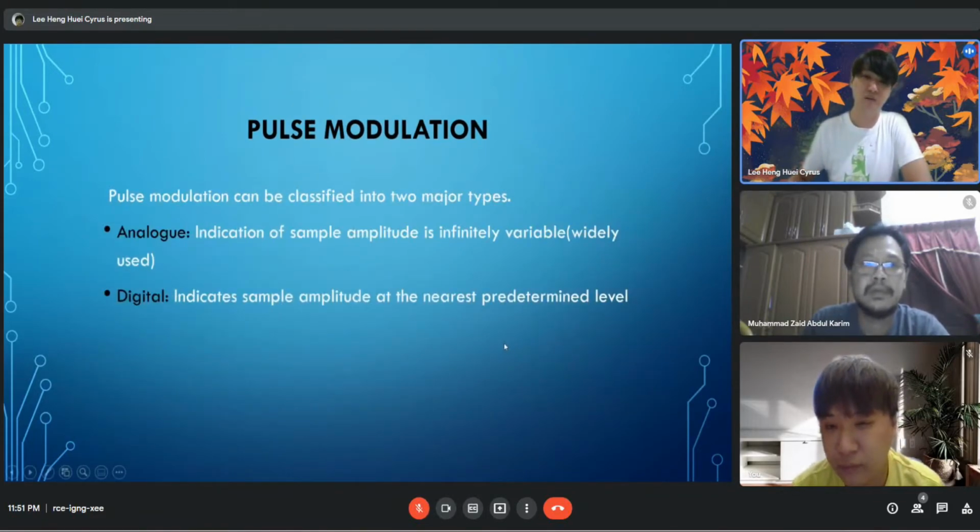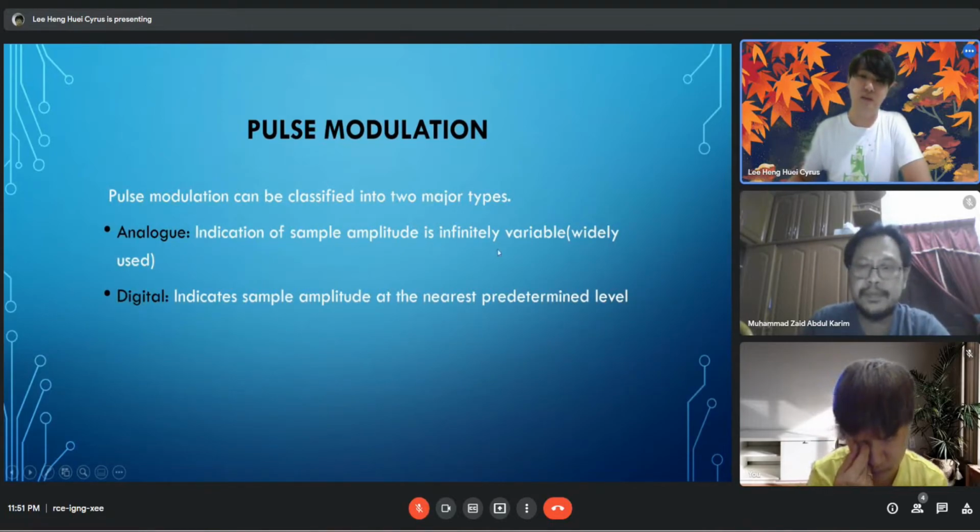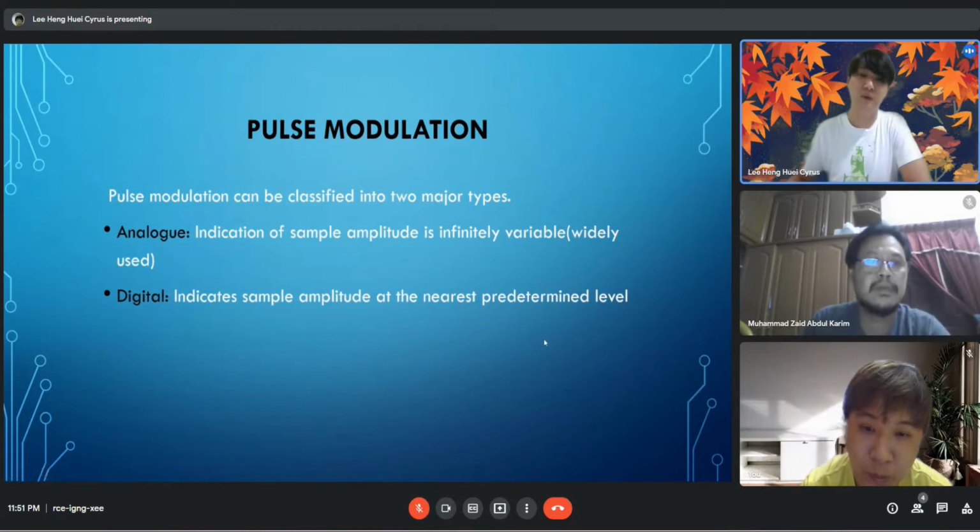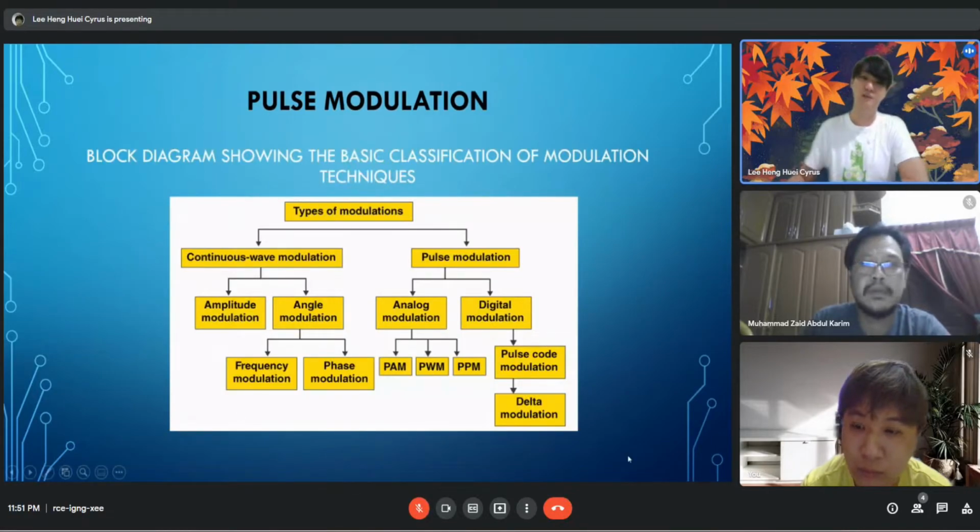Okay, pulse modulation has two major types, analog and digital. Analog indicates that the sample amplitude is infinitely variable, and is widely used. Digital indicates the sample amplitude at the nearest predetermined level. This is a sample of pulse modulation techniques: continuous waveform modulation and pulse modulations.